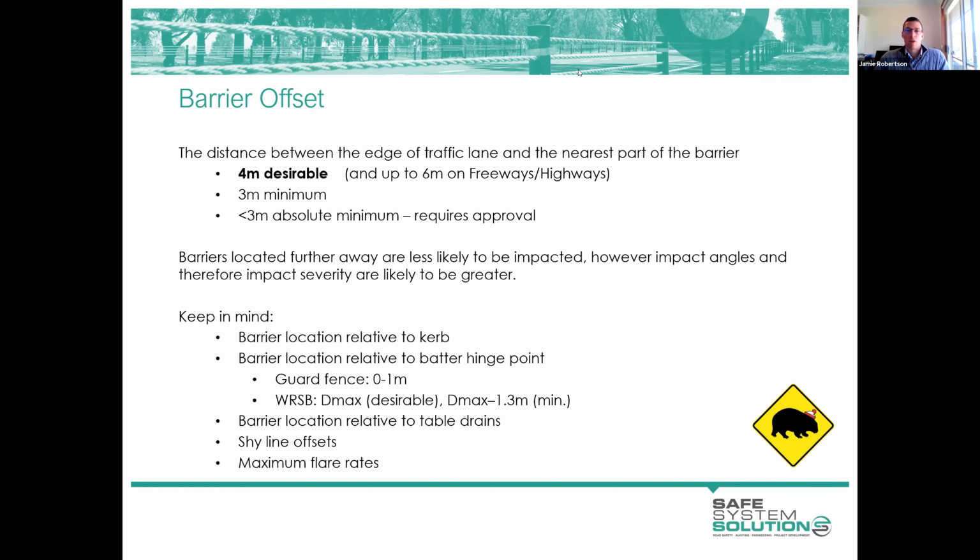So it's more desirable to provide space for someone to move clear of traffic. But as far as the available guidance, I don't think there's any distinction between different speeds.